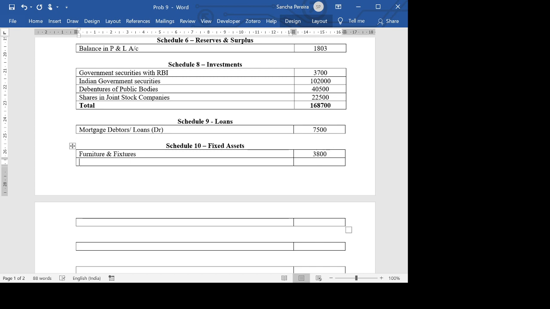And we also have land and building, which is 50,050 rupees. So the total here comes to 53,850.